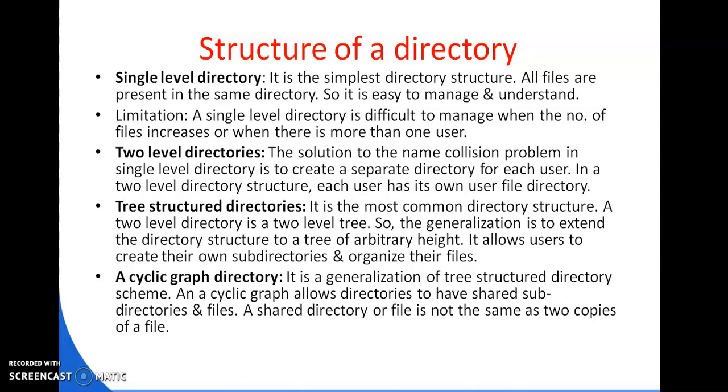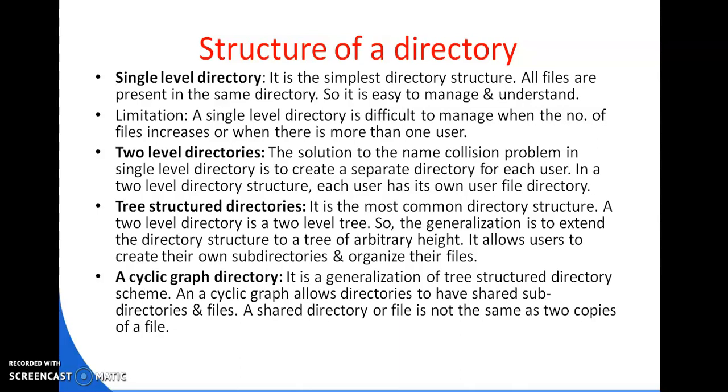Next, we come to the structure of the directory. Within it, there are single level directory, two level directory, tree structured directories, and acyclic graph directories. In a single level directory, it is the simplest directory structure. All files are present in the same directory, so it is easy to manage and understand.